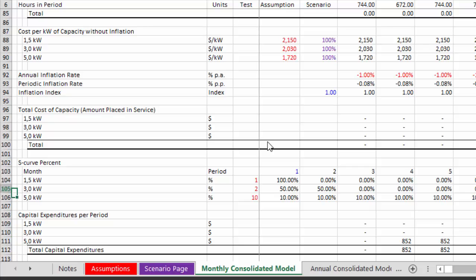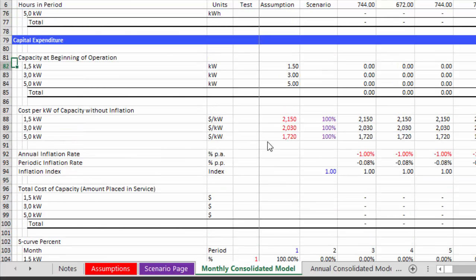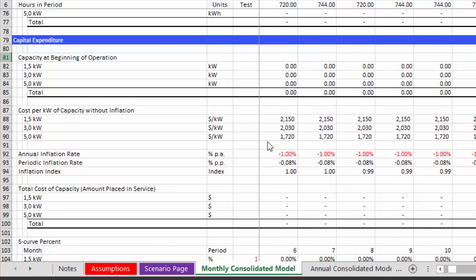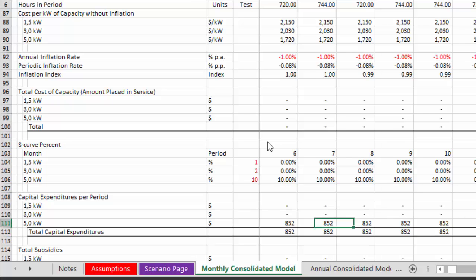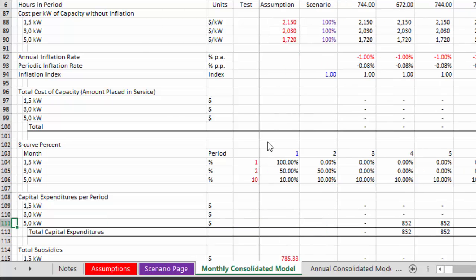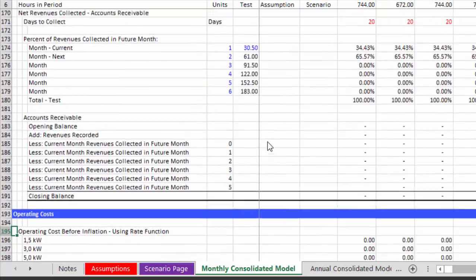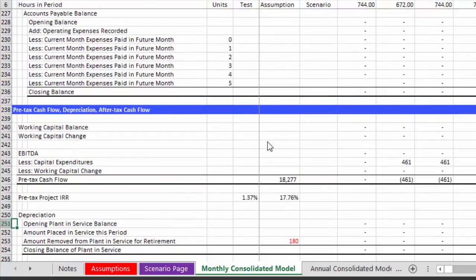Okay, and we looked at the cost per kW. We saw how much capacity goes online. Here's the little capacity going online. And then this is the amount that we placed in service, multiplying the cost of the capacity times the capacity, and then this goes backwards and determines the capex. So that's the general idea of this.